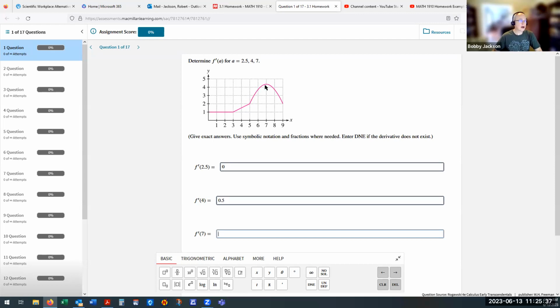Okay. After 7, notice the function's decreasing. So at any point, the tangent line would be decreasing, meaning the slope is negative. And notice it gets more negative as we vary from 7 to 9. But right at 7, what would the tangent line be? Well, the tangent line would be a horizontal line, the line that just touches the graph at the peak of that graph.